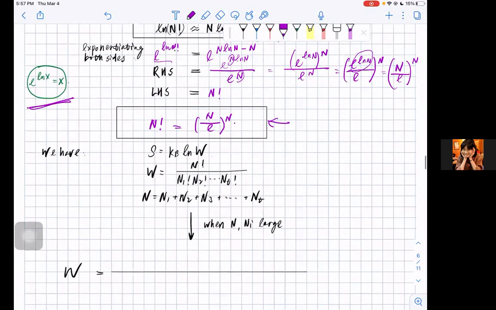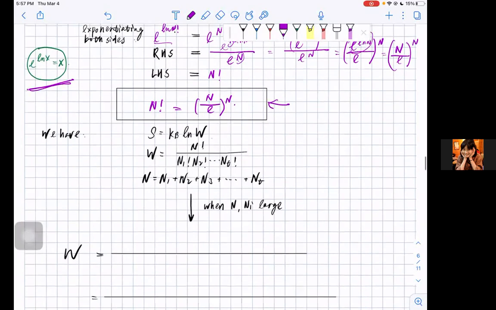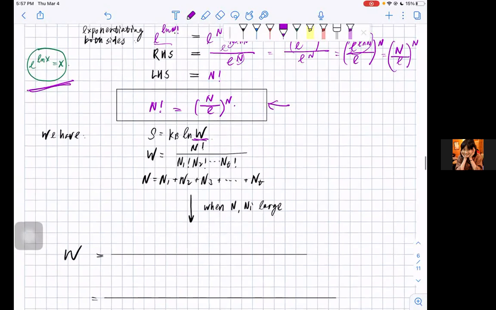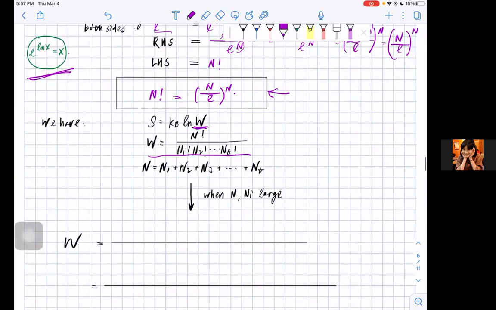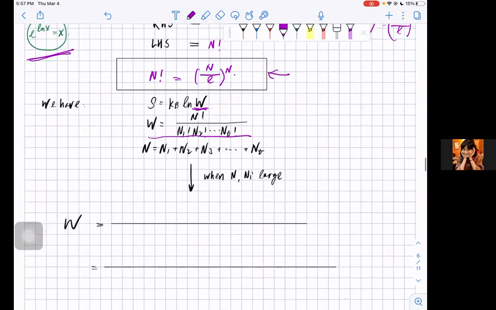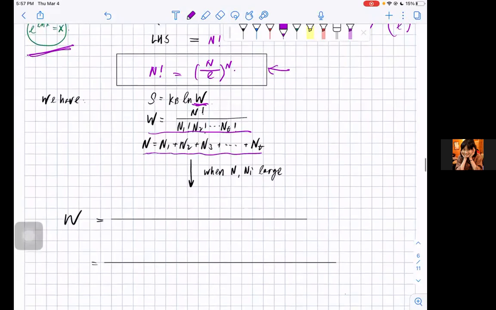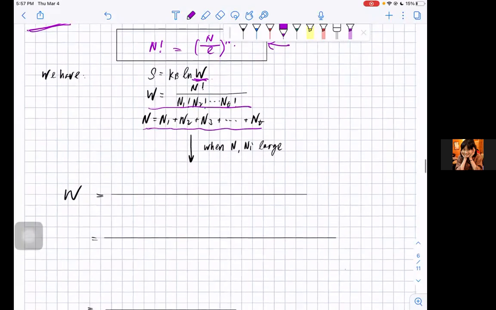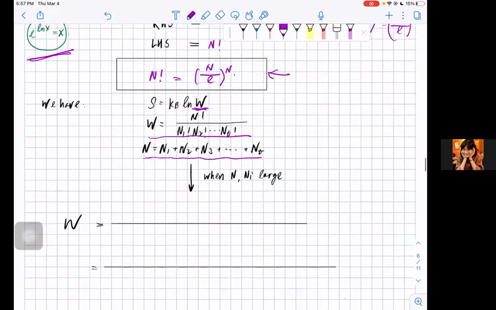Okay, so now we want to plug that into our statistical definition of entropy with our expanded definition of multiplicity. And notice the sum of ni will give you the total number of molecules. So plug that in.